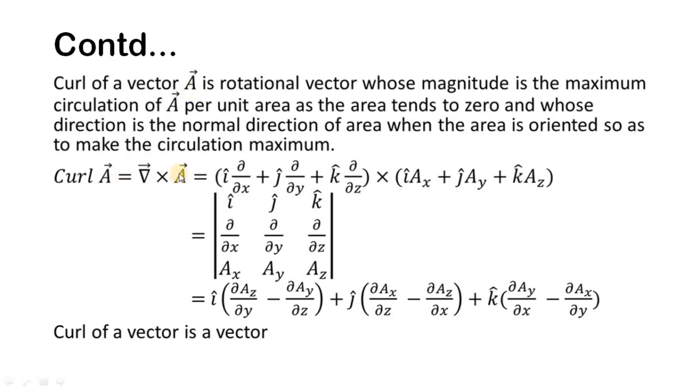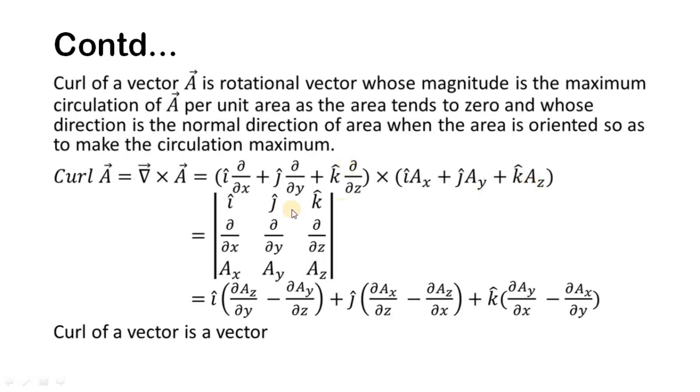Mathematically, the curl is calculated by taking the cross product of grad with the vector. Therefore, curl A equals del cross A, where del is i cap ∂/∂x plus j cap ∂/∂y plus k cap ∂/∂z, and vector A can be represented in 3-dimensional space as i cap Ax plus j cap Ay plus k cap Az.